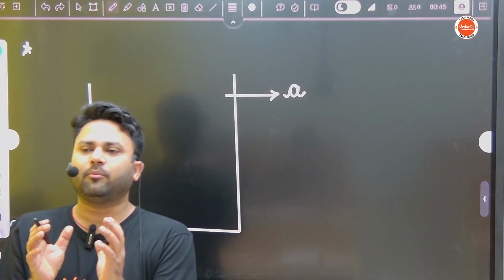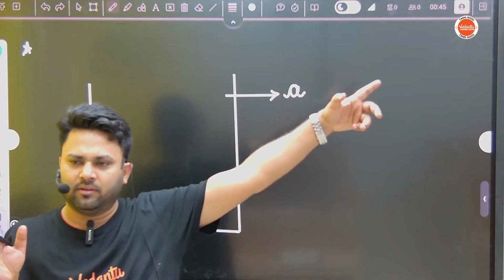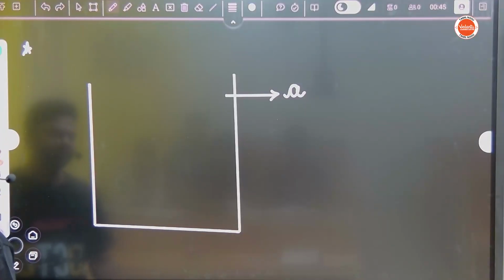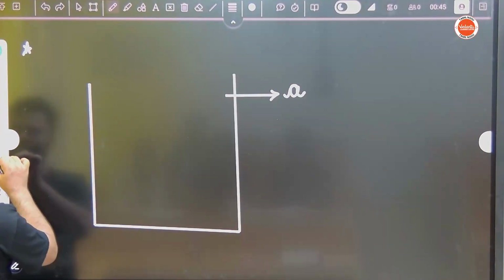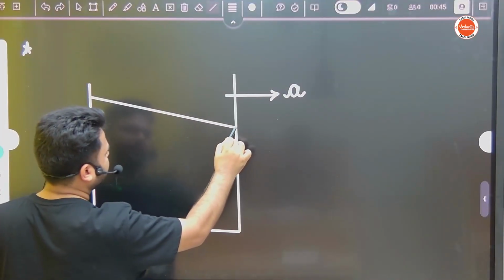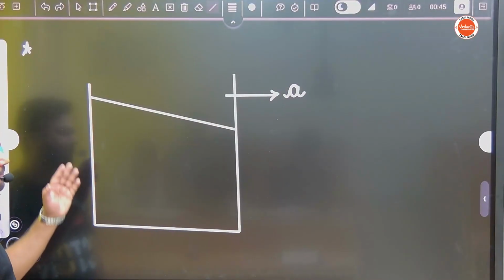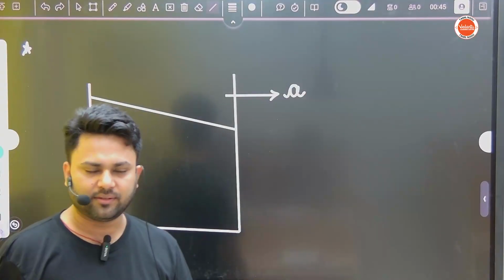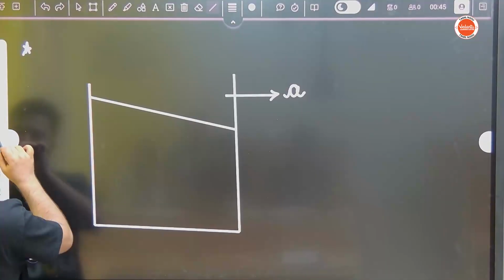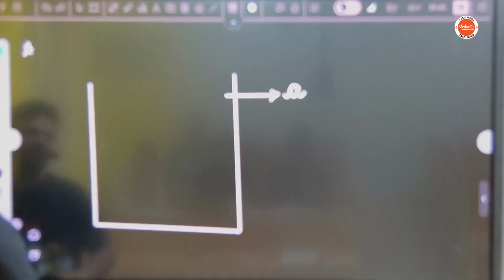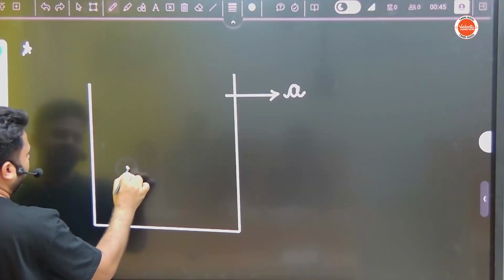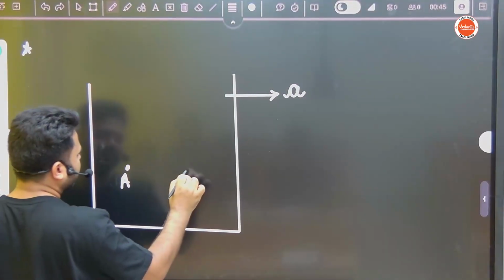You are holding the bottle or container, you are running with some acceleration. Now what will happen? 2-3 things that you need to remember. First, if you run like this, the shape of the liquid will be like this. Acha, one more thing. Like if they ask, this is the point A and this is the point B.